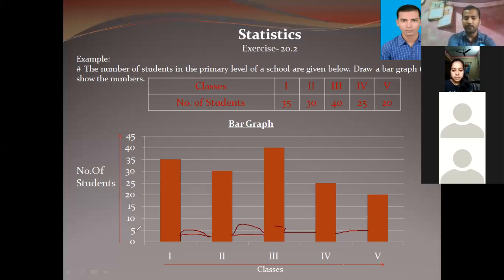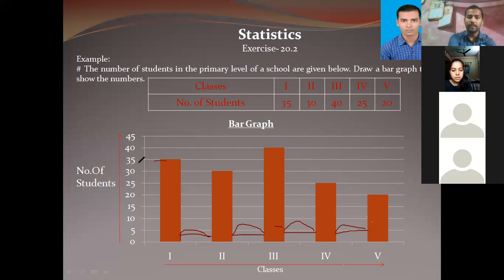In the same way, the differences of the frequency that we have given to show the data here. In class 1, how many students are there? 35. So look here, the pillar or the bar is showing us the number of students in class 1 are 35.